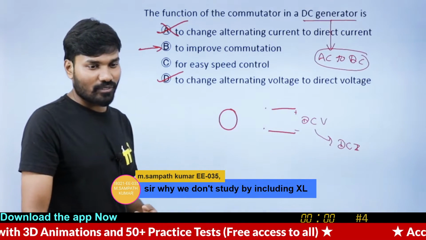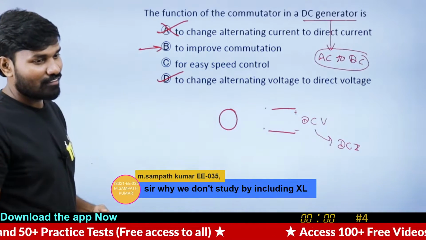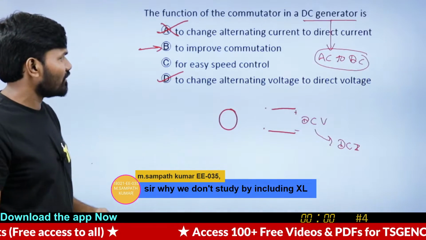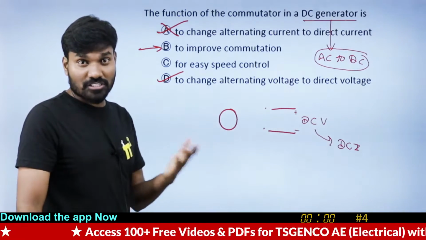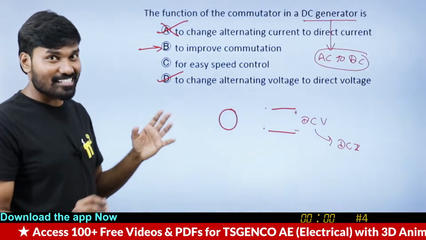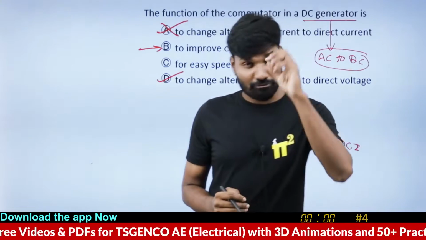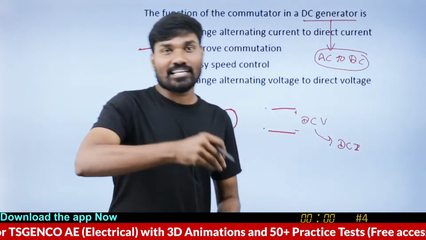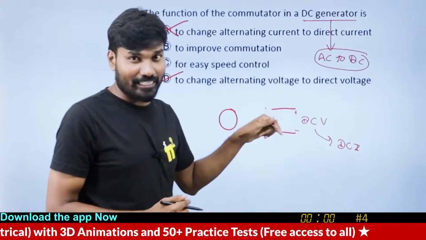Why we don't study by including inductance? I think he's asking about a DC machine. We do study the inductance effect in a DC machine, because the current flowing inside the armature is AC.